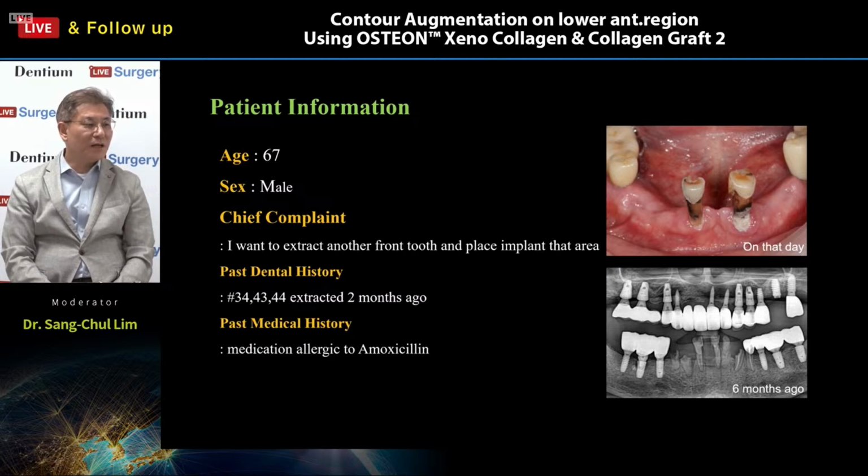Chief complaint is that he wants to extract another front tooth and replace it with brand new implant teeth on the lower, the same area. Past dental history was extraction of 34, 43, 44, 2 months ago. And past medical history, medication allergic to amoxicillin.